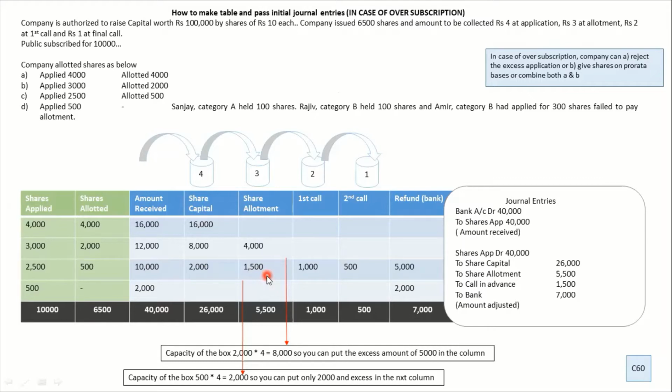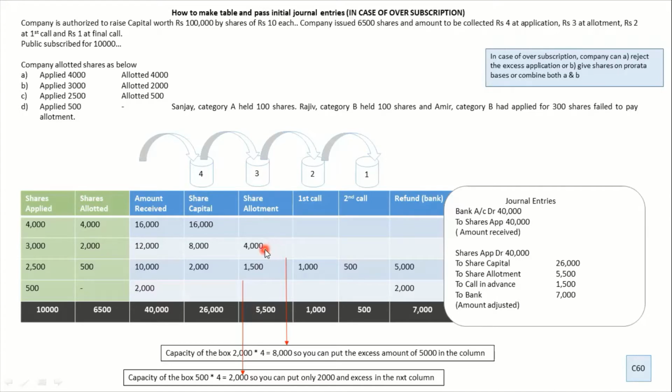Okay, so how do we know the capacity? 500 into 3, that is 1,500. So the maximum amount I can put in this box is 1,500. In this box, what is the maximum amount? 2,000 into 3, that is 6,000. That is the reason why I could keep 4,000.